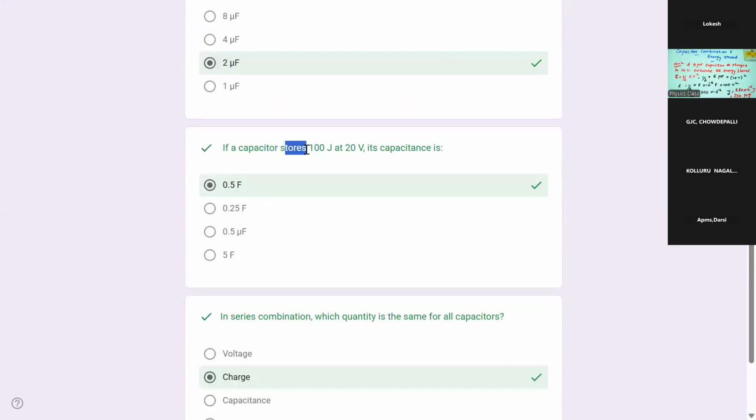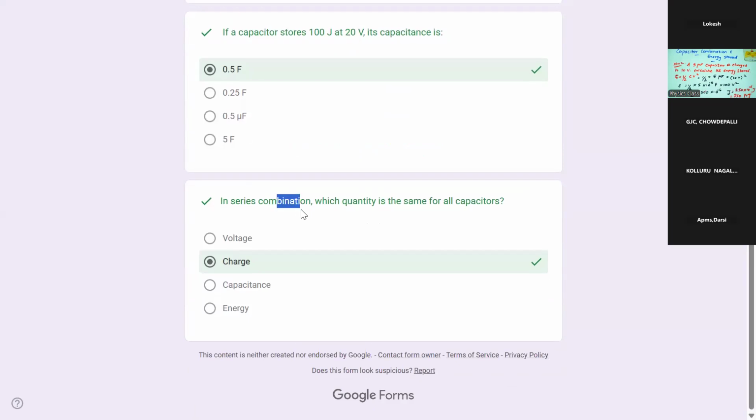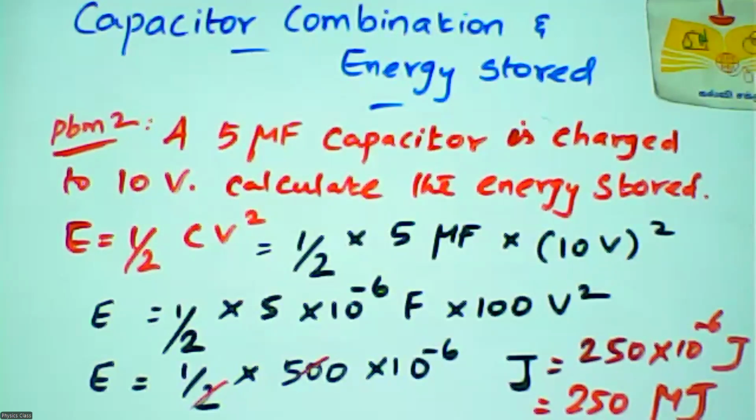If a capacitor stored 100 joule at 20 volt, we will get 0.5 farad as the capacitance. In series combination, which quantity is the same for all capacitors? Charge. Okay. Very good. Clear. Super.